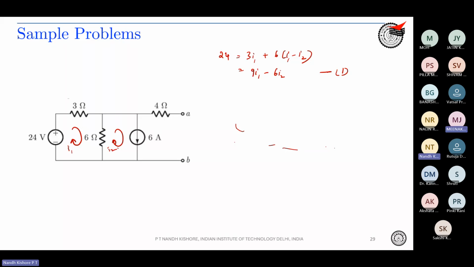I2 is equal to 6 ampere. 6I2 minus 6I1 is equal to 0?